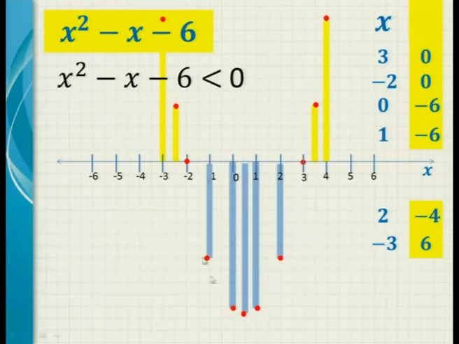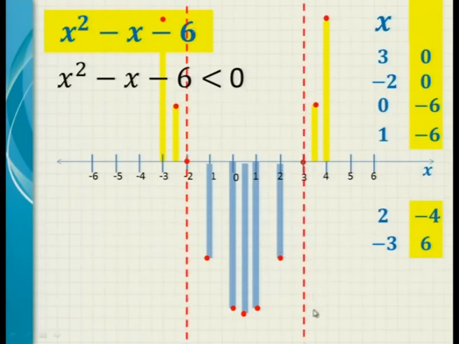So everything in blue is less than 0. The yellow box values are less than 0. And where do we find those values? Between that point and that point. So I can draw two lines here, and if the x value is between those two lines, the yellow box value will be below the line, will be negative.